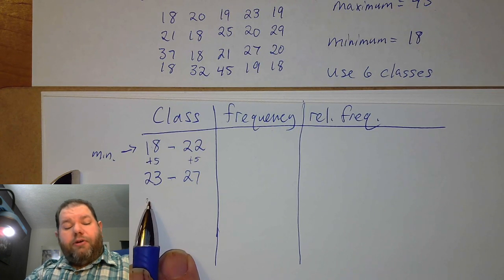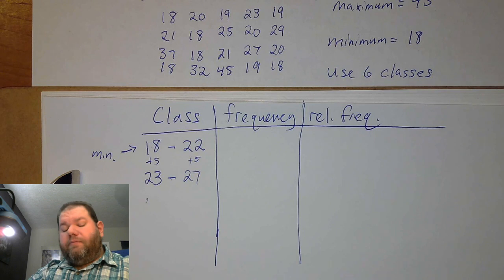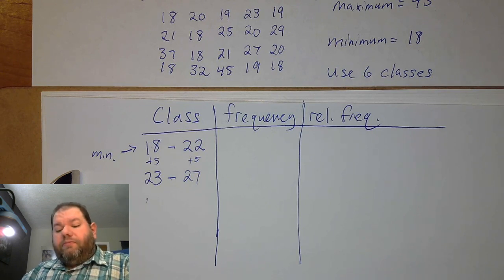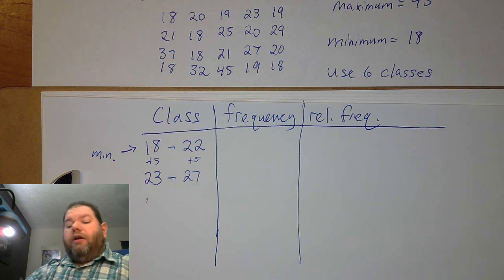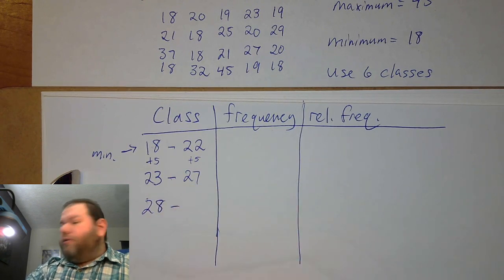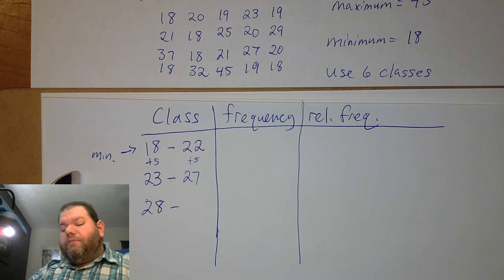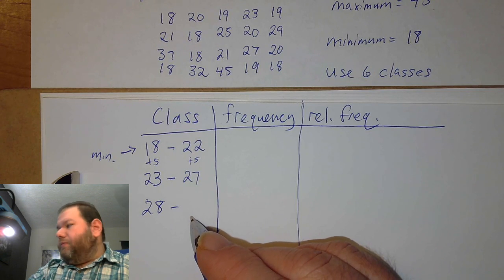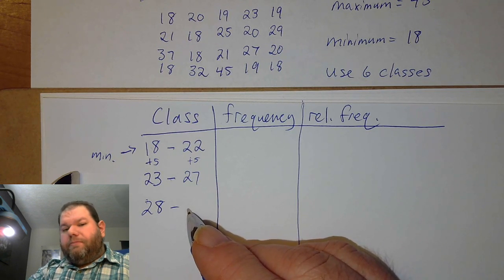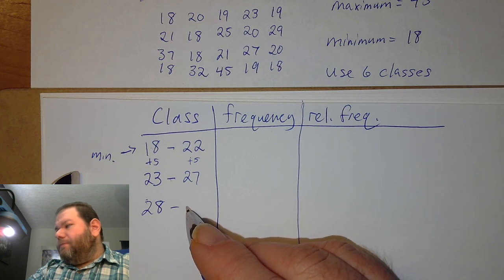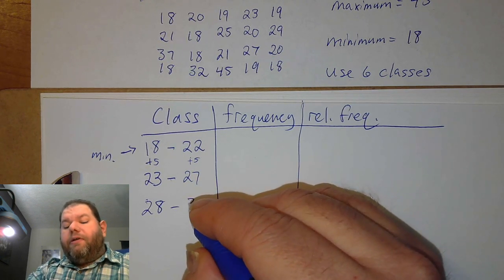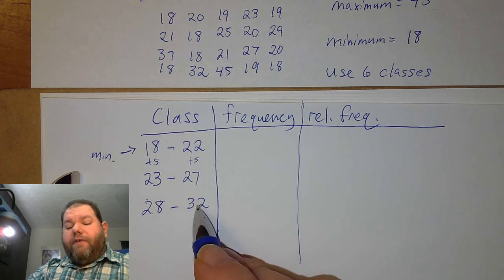What numbers would the third class start and end at? 28, and it would go to 32, right. So we add 5, we add 5. Okay.